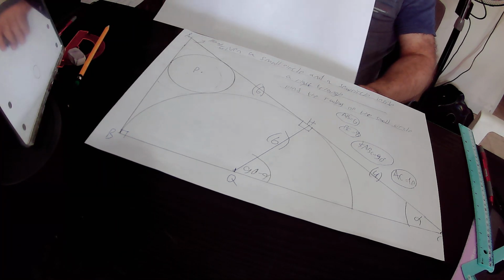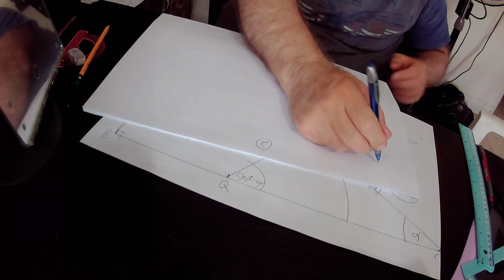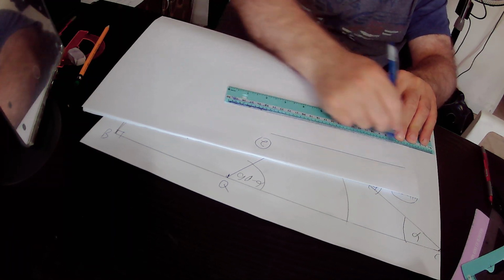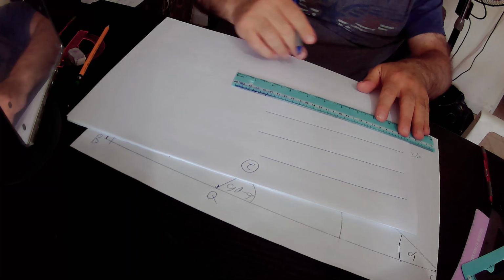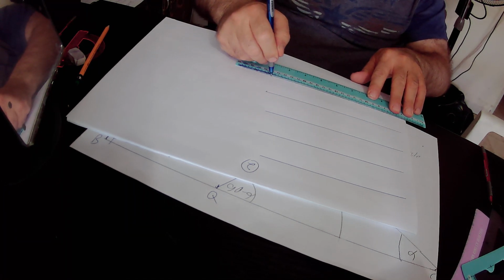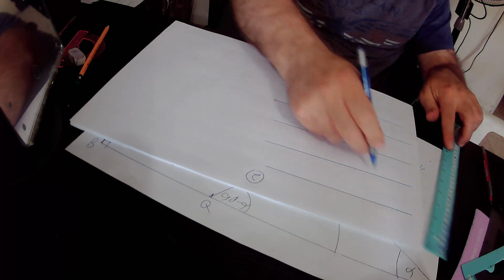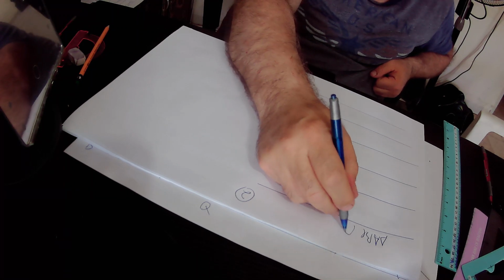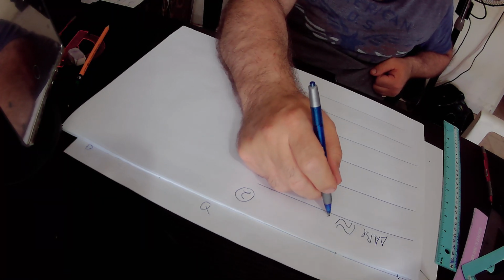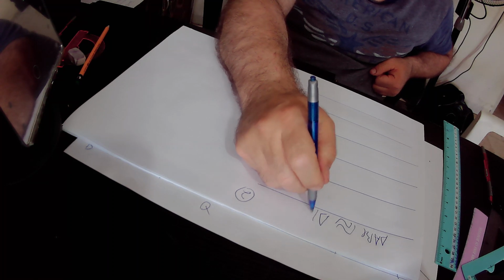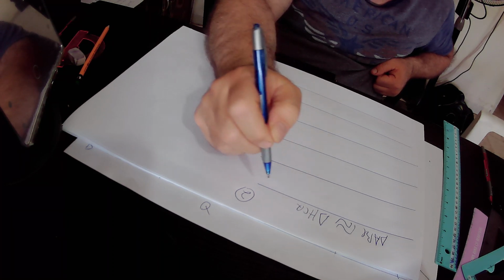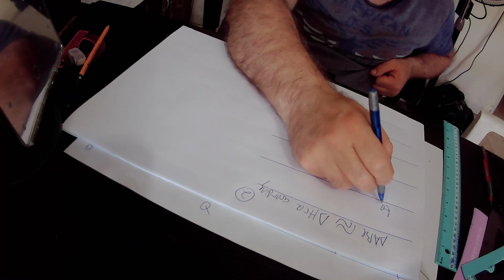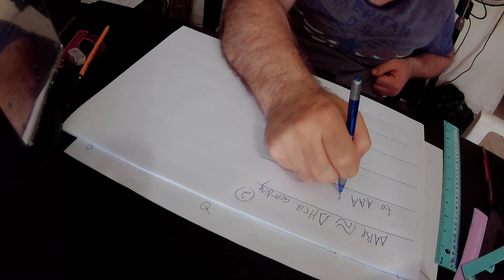We found out that the big right triangle ABC is similar, this is the sign of similar, to the right triangle HCQ according to the angle similarity rule.